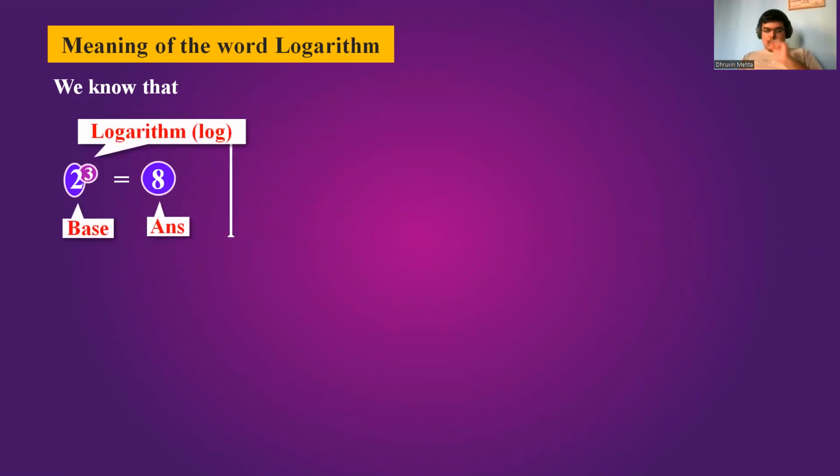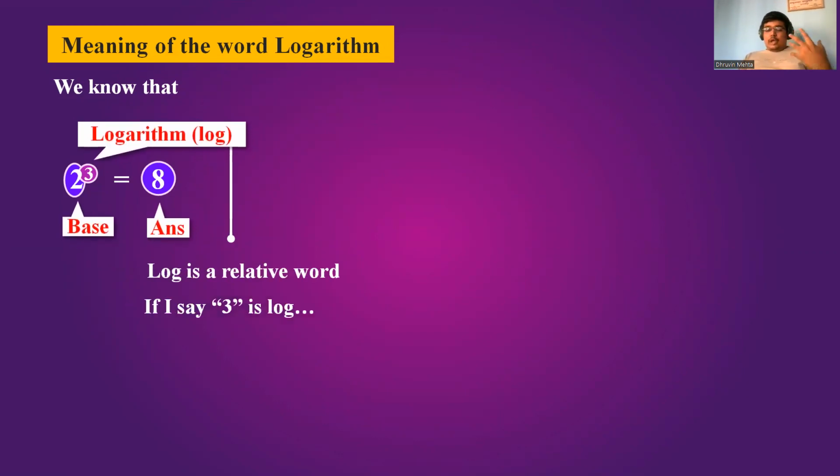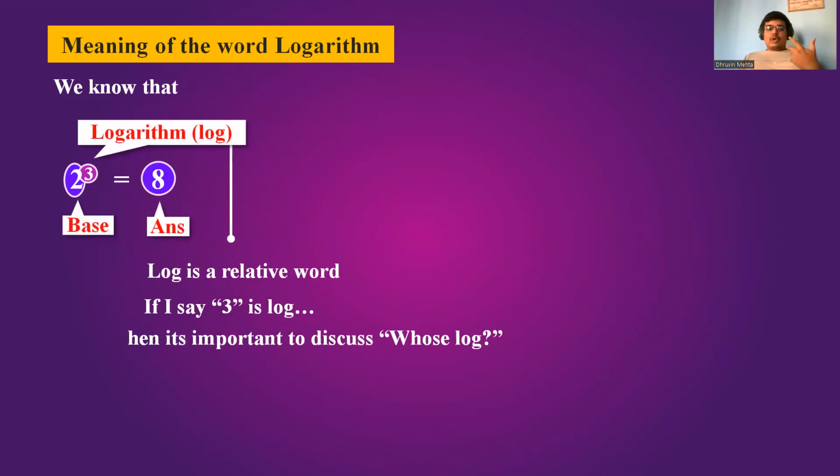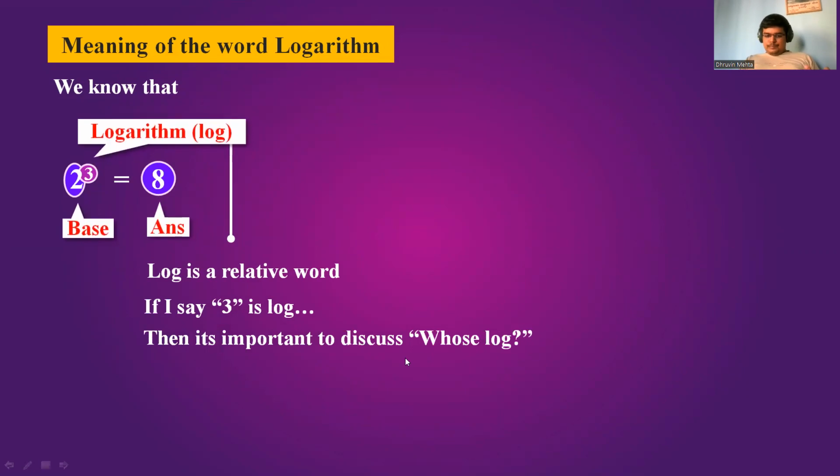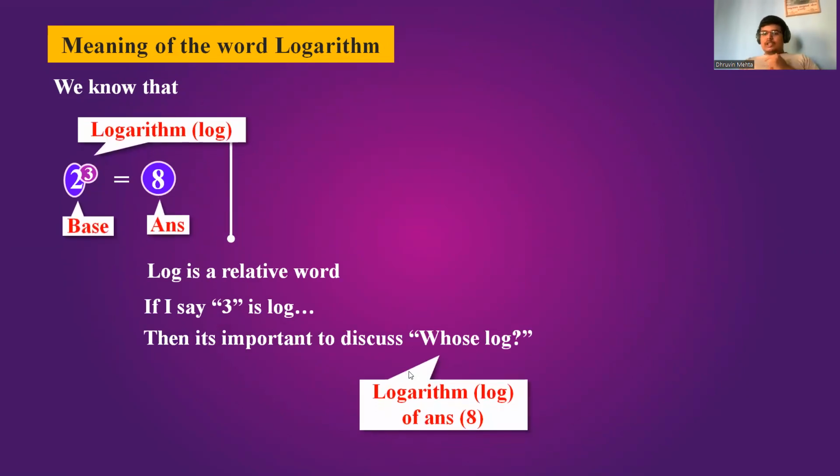So what you have to understand is, whenever we say log, like over here 3 is log, the next question should be whose log. So log is always of the answer. Over here log is of 8.